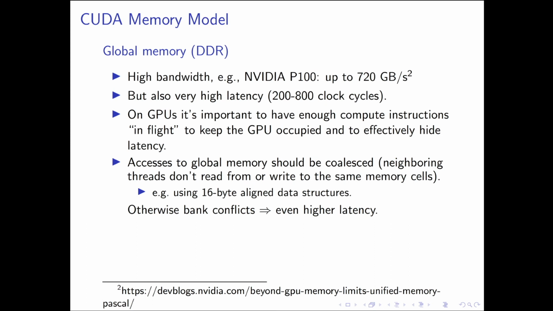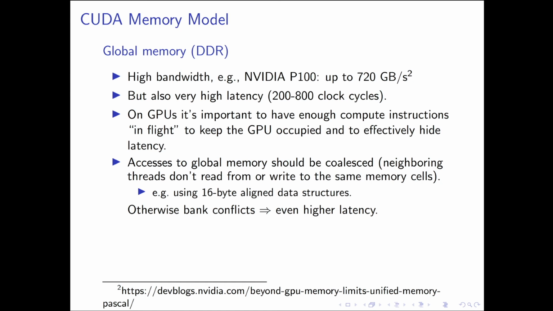And GPU DDR memory traditionally has this characteristic that the bandwidth is extraordinarily high, while at the same time we have very high latency, like 200 to 800 clock cycles, where on a CPU we would see well below 100 clock cycles actually.